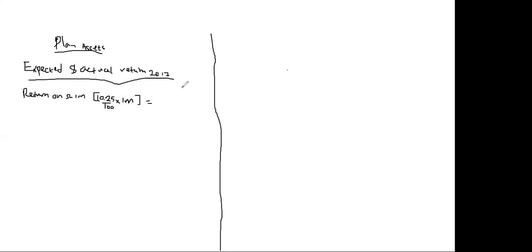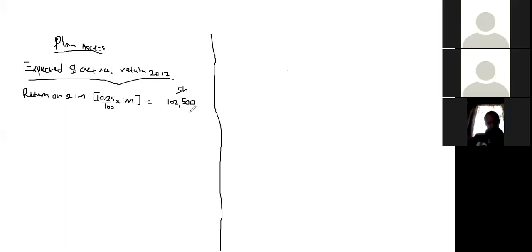Thank you. So the amounts are in shillings, 102,500, and you have multiplied the 10.25% by the 1 million to give us this.